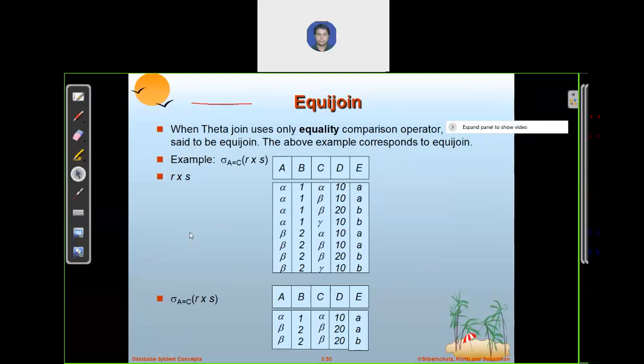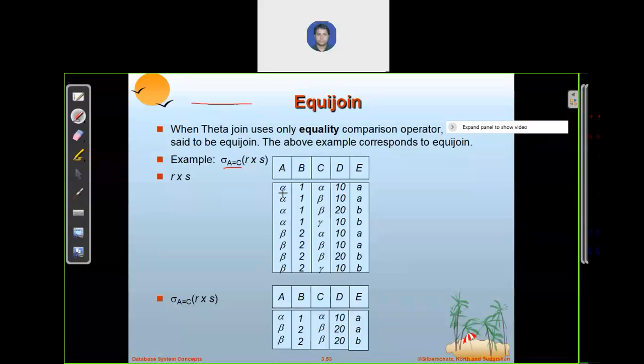Then here, as you can see, is the example of equijoin. It will join relations R and S if the values of attributes A and C are the same. If the value of A and C are equal, then we will consider that record only for the resultant relation.